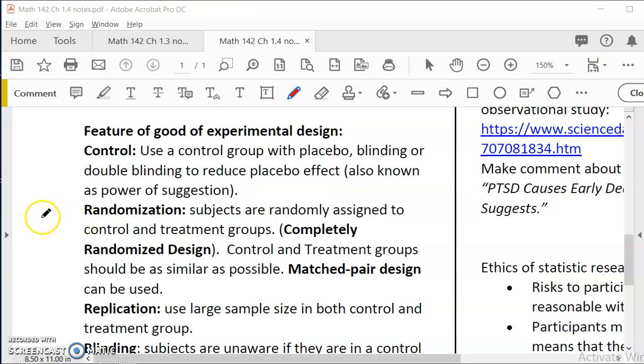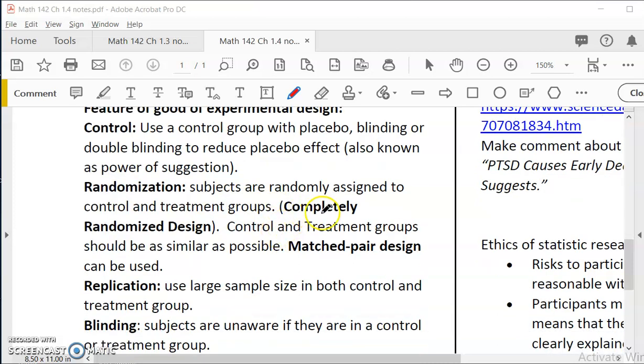Maybe sicker patients will volunteer to be in the treatment group, or people that are less healthy would be in the control group. So you don't know. In order to exclude features of the subject that might affect the results, the assignment of control and treatment groups should be random, and we call it randomization, or sometimes a completely randomized design.